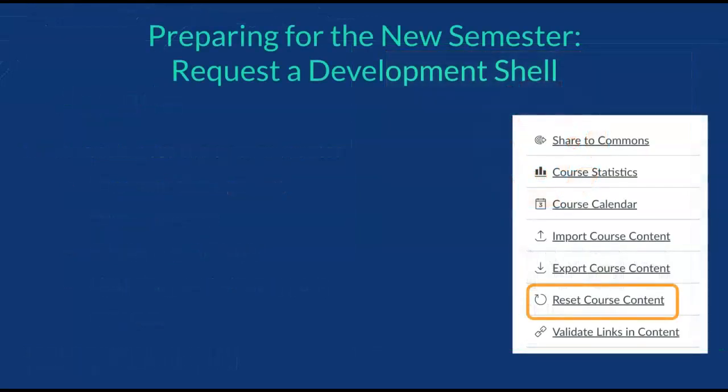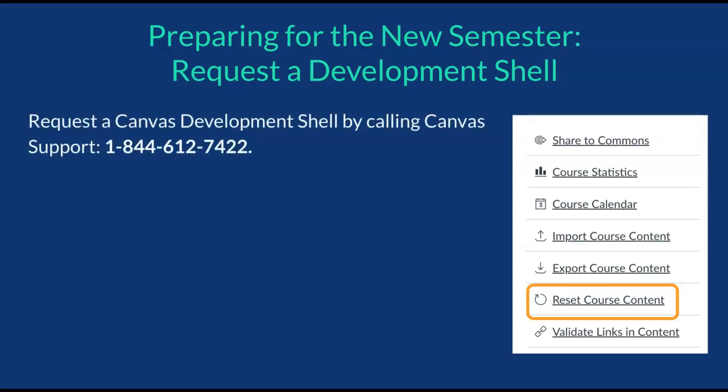First, it's recommended that you use a development shell as you build your course content for the new semester. You can request a Canvas development shell by calling Canvas support at the number shown here. Or if you already have a development shell, you can continue using that one and you don't have to request a new one.